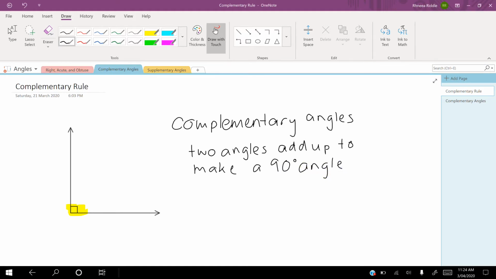So basically, when you have two angles side by side to make a 90-degree angle, it can't be any bigger than 90 degrees or any less than 90 degrees, it has to be 90 degrees exactly.